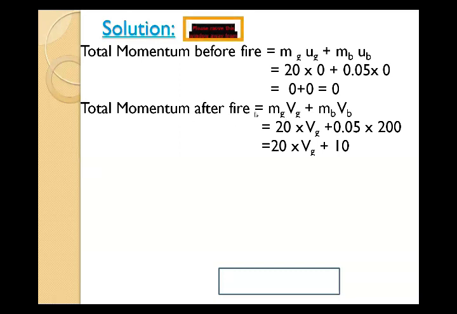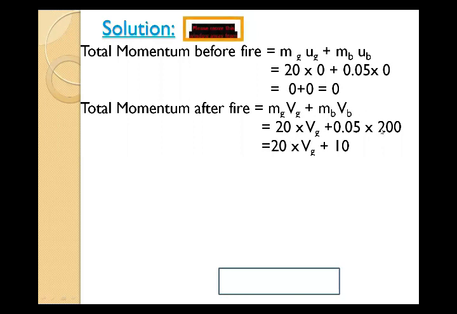The total momentum after fire will be given as mgvg plus mbvb. Remember students, for the total momentum before fire we used the symbol u for the velocities, and now we are using the symbol v for the velocities because it is the momentum after fire. So mgvg is the momentum of the gun after fire, and mbvb is the momentum of the bullet after fire.